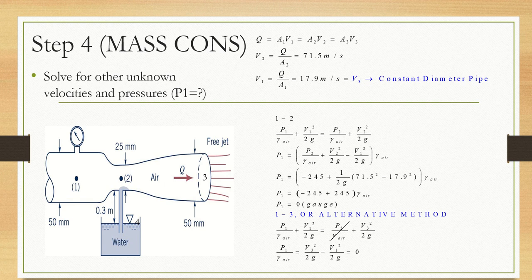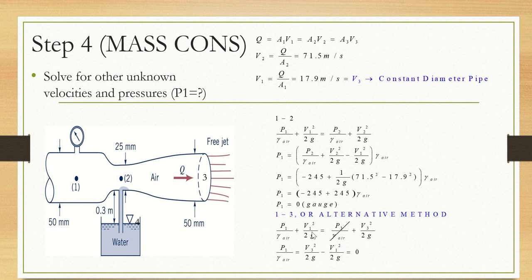Now, let's look at applying Bernoulli's between 1 and 3, just as a double check. Between 1 and 3, applying Bernoulli's, I would have P1 over gamma of air plus V1 squared over 2G is equal to P3 divided by gamma of air plus V3 squared over 2G.